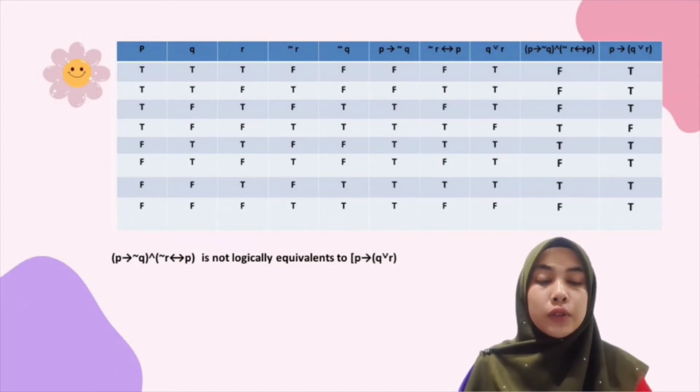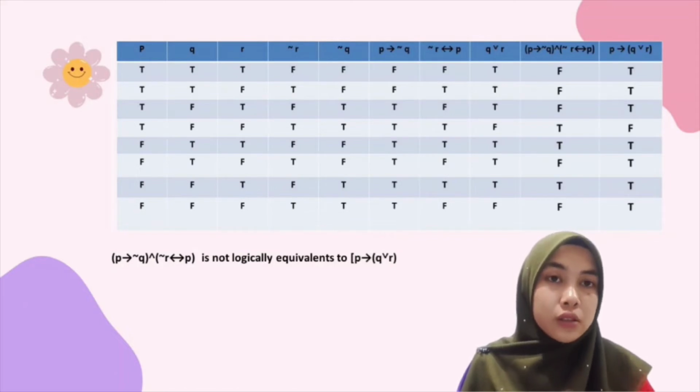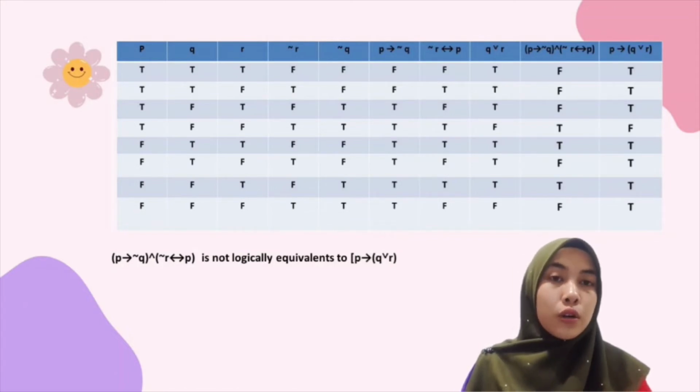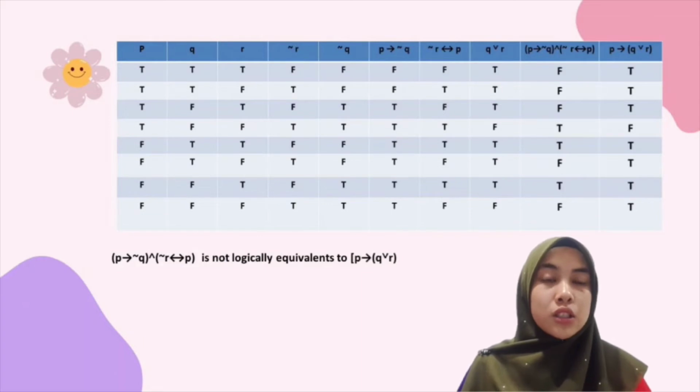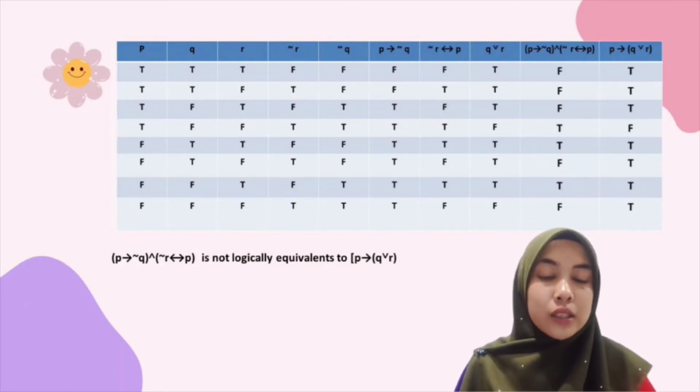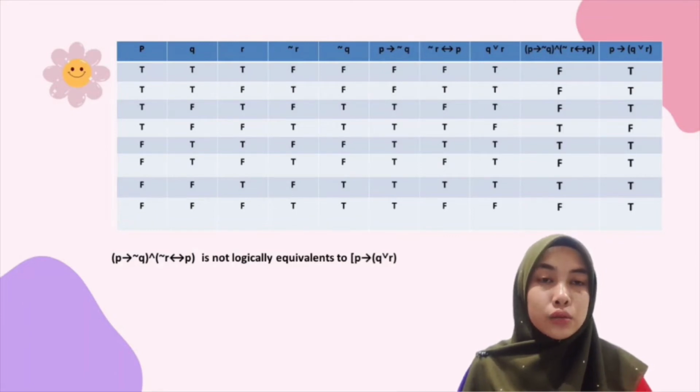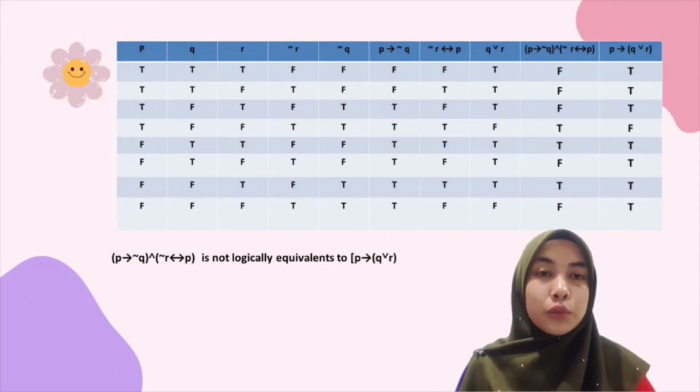But if we get true biconditional false, the answer will be false, and false biconditional true will also be false. It is not like implies. With implies, we know that false implies true can be true, right? But biconditional is not like implies because it has its own rule.